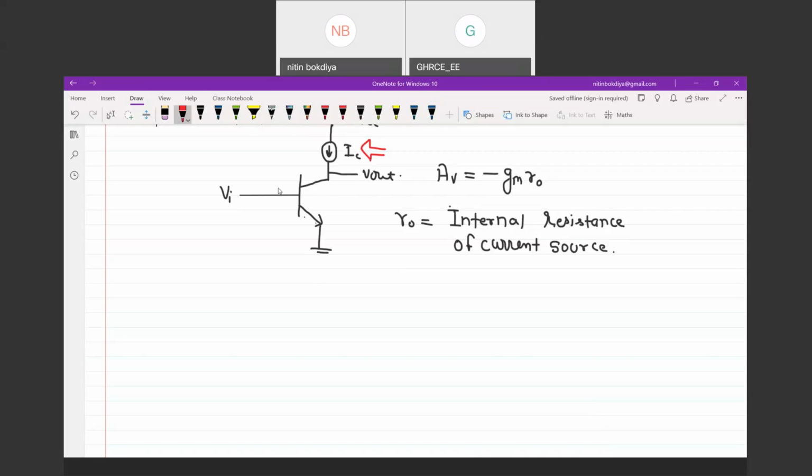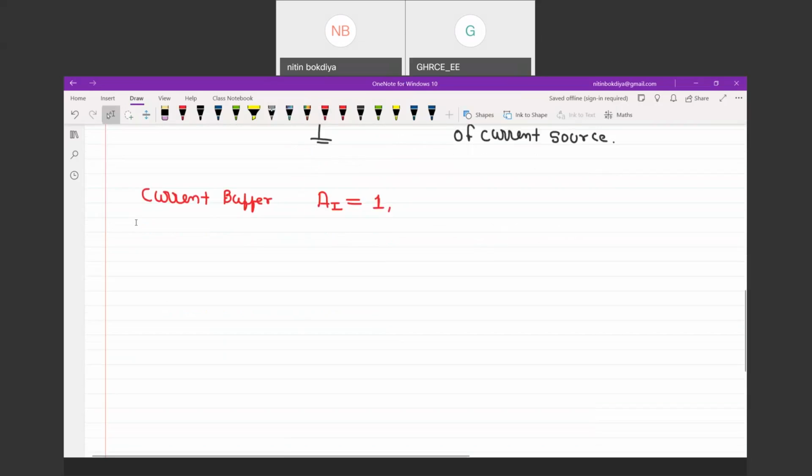So we will use a current buffer, or a circuit having current gain approximately equal to 1 will solve our purpose. The replacement of this current source will be a common base arrangement.